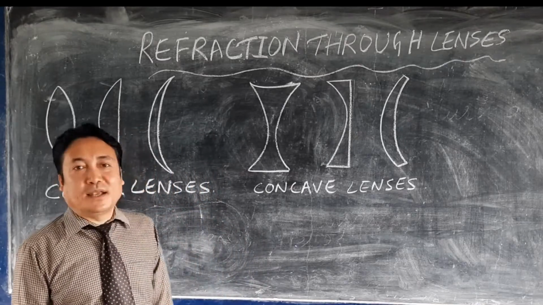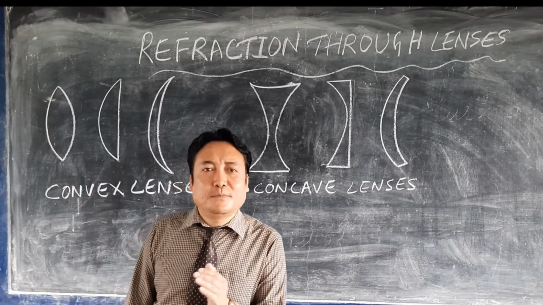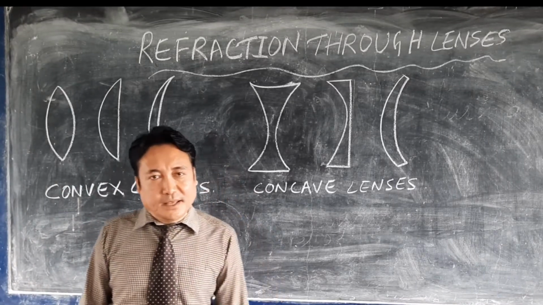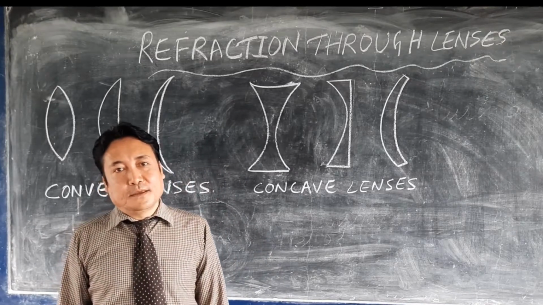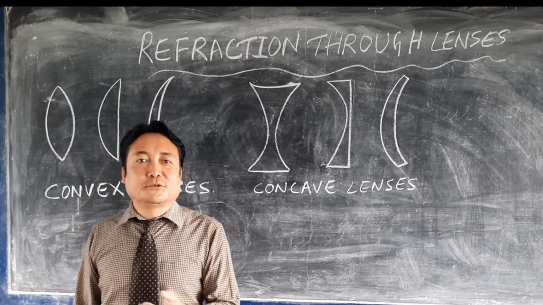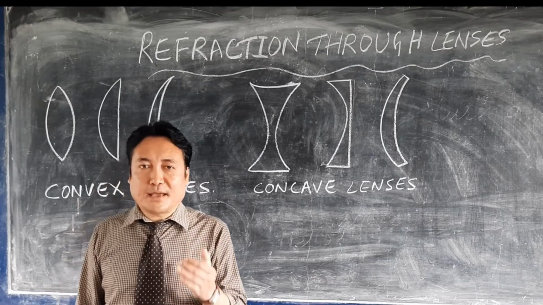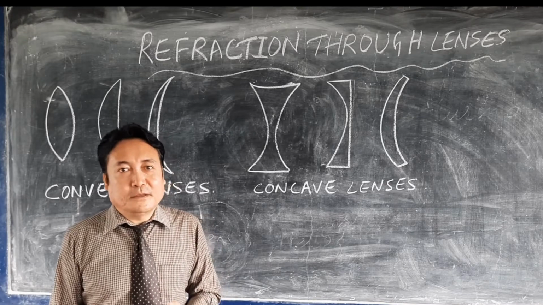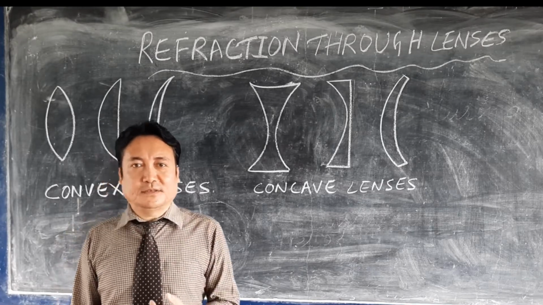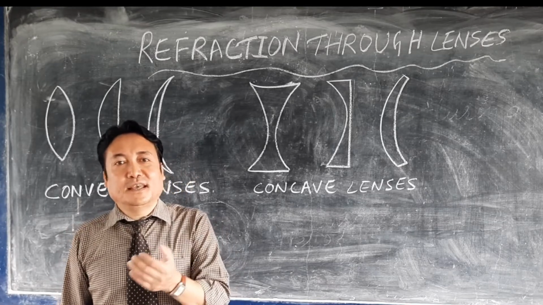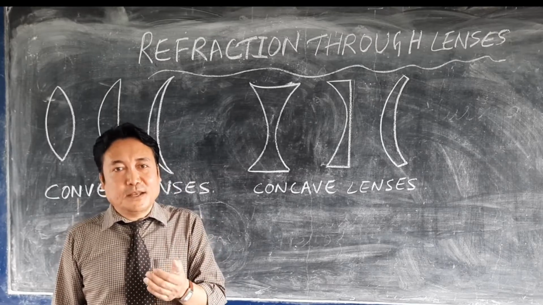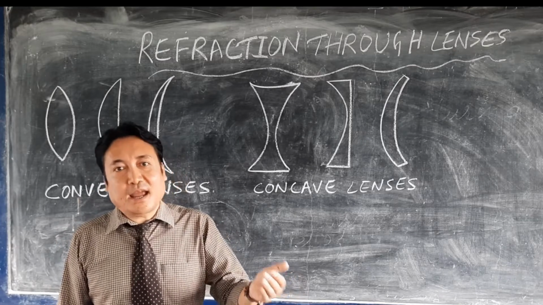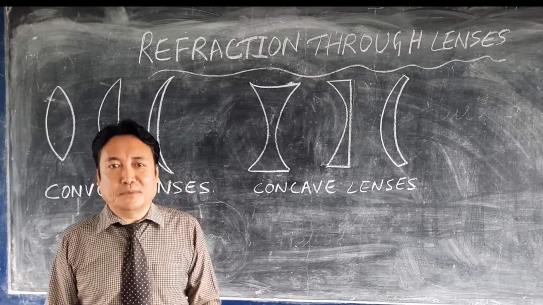Now, when we talk about lens, this lens plays a very important role in our life. All the optical instruments like camera, telescope, microscope, binocular use lens to refract the light and to produce image.